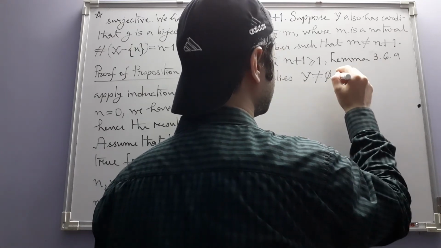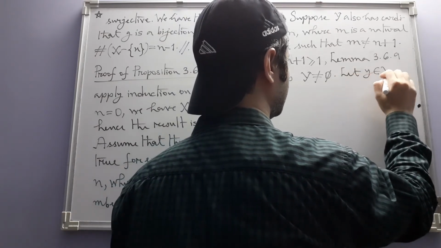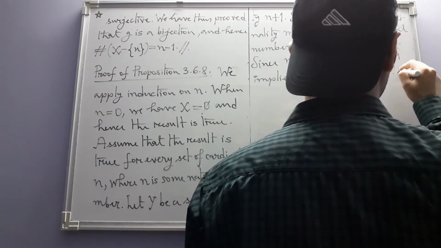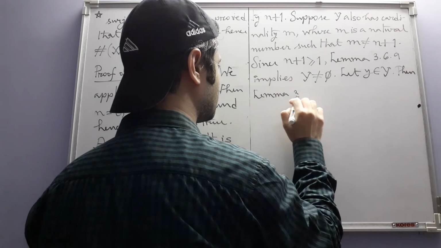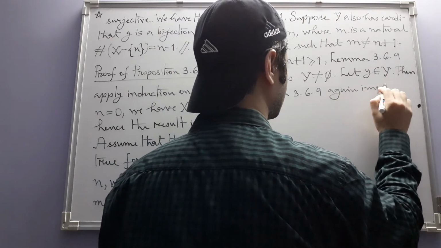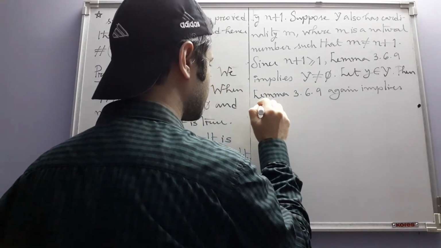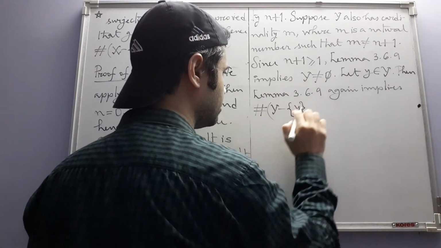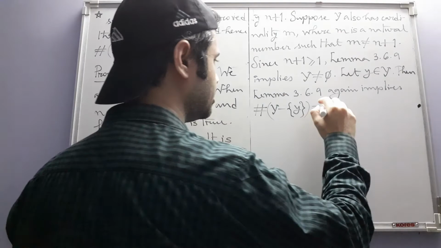This implies Y is non-empty, so let y be any element in Y. Then again using lemma 369, because that lemma also says something more than this, that the cardinality of the set obtained by removing this y from the original set is 1 less than the cardinality of Y, that is n.